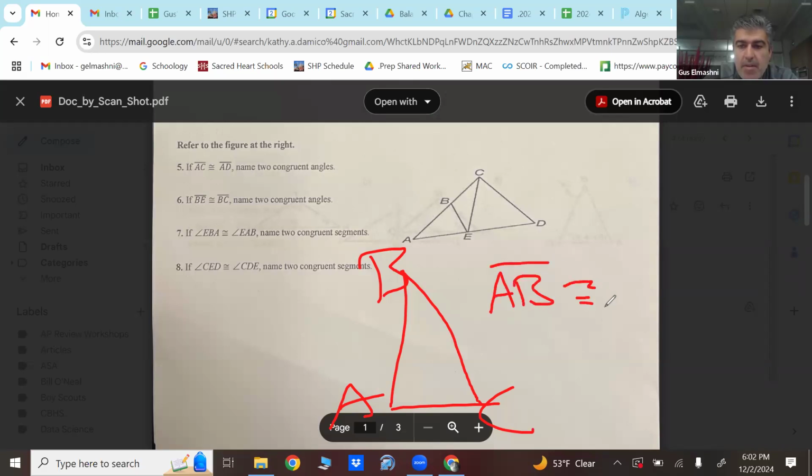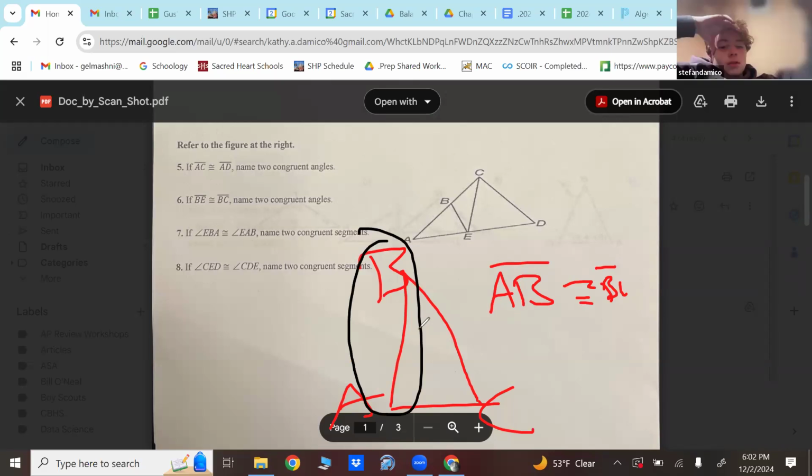Okay, good. Now let's focus on AB. What angle's opposite this side? You have three choices: angle A, B, or C. Which one's directly opposite of AB? C. Yes, thank you.